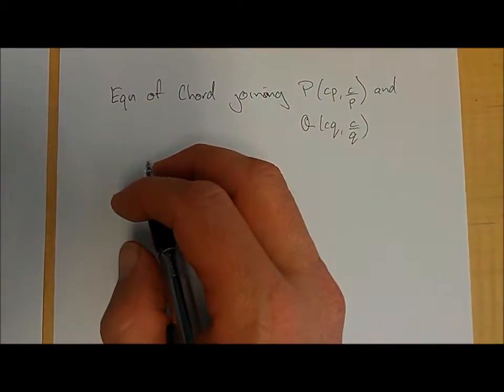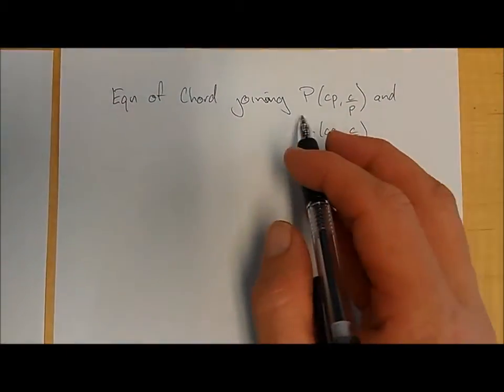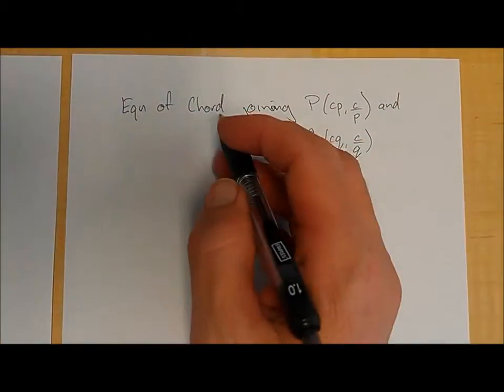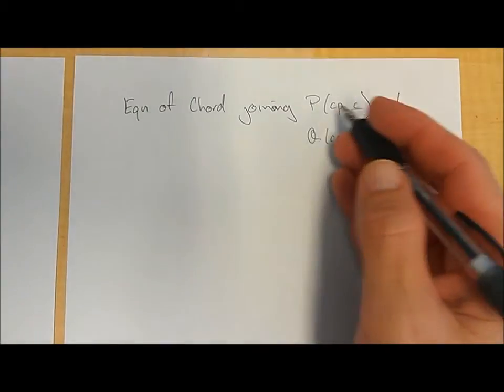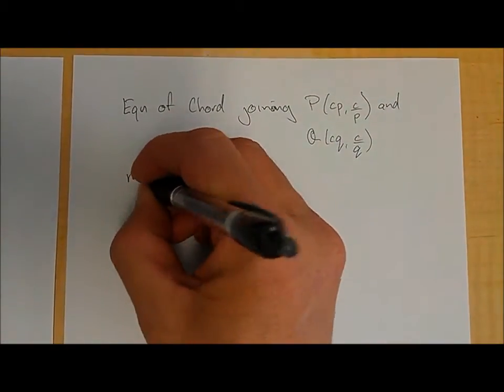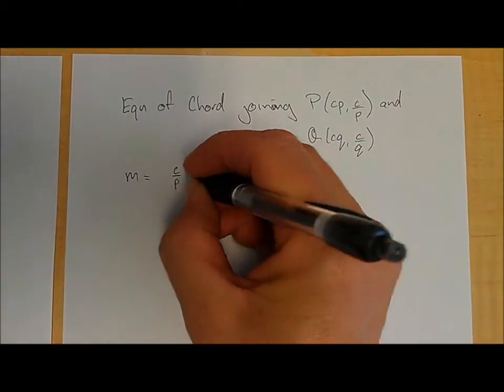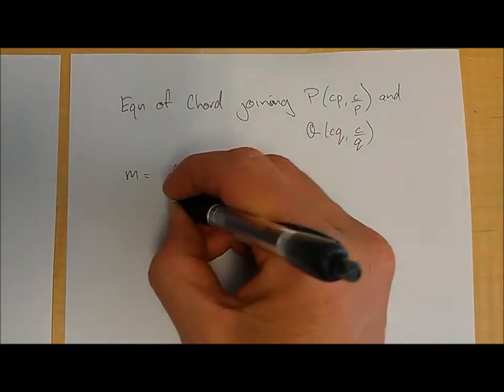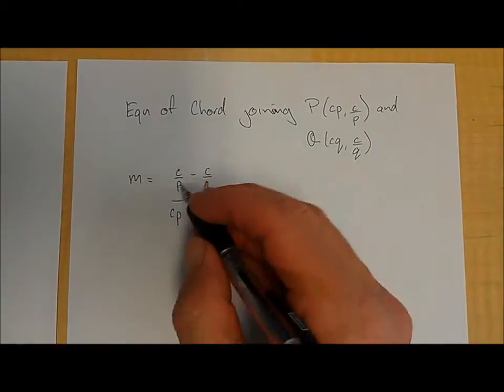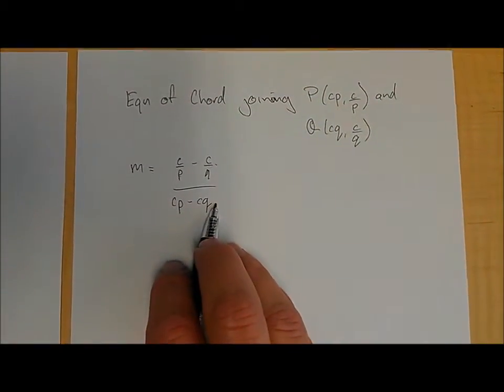Okay, just a quick look at the equation of a chord joining these two points in parametric form. To get the equation of a chord, I just want to establish the gradient as being the difference between the points. So the gradient is just going to be (c on p minus c on q) all over (cp minus cq), y2 minus y1 over x2 minus x1.